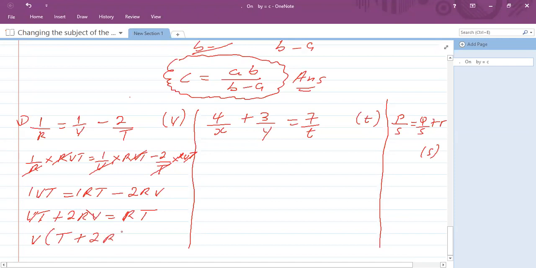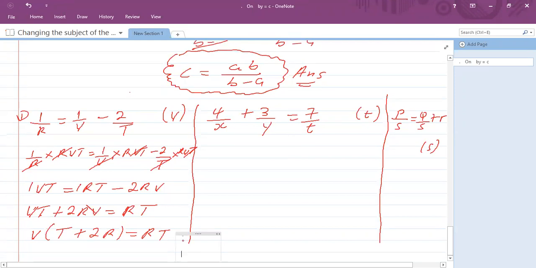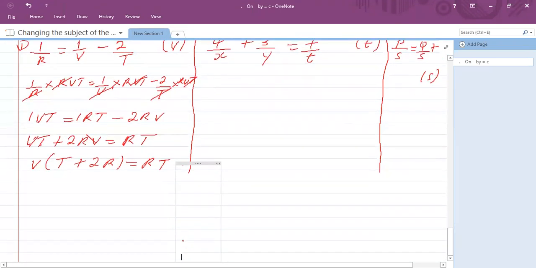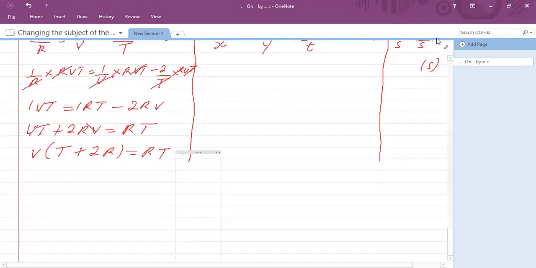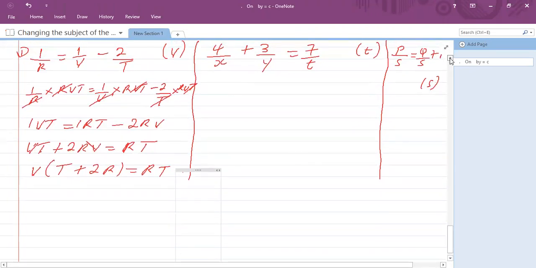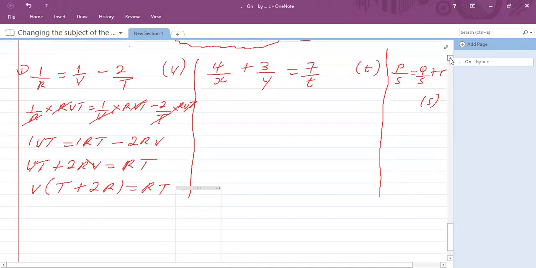Equals RT. Now, just remember that the main focus is to make V the subject, right? So how do you make V the subject after you reach here?